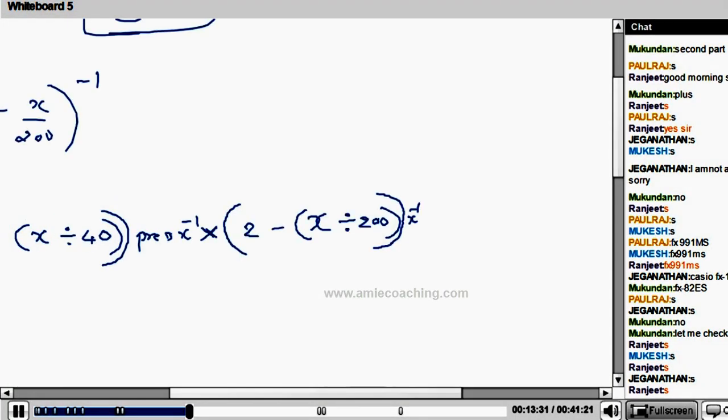Bracket closed, and the main bracket is also closed. Press x raised to minus 1. That's all. Then you have to give the limits: comma, 0, comma, 200. That's all. This is the way you have to type. No need of giving the final bracket. This is how you have to do it on the calculator.